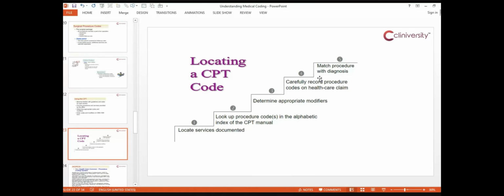If you remember, under category 1 we discussed six sections: evaluation, surgery, pathology, laboratory, medicine. Under which section that particular service falls, accordingly you will open up that dictionary and find the code.